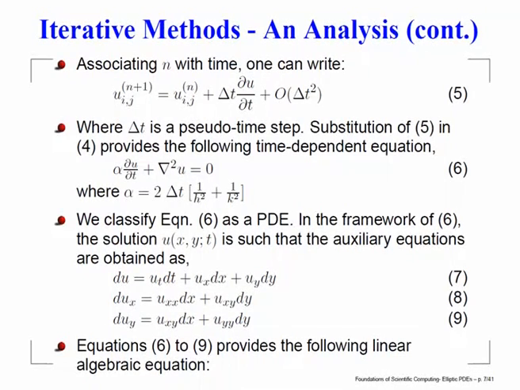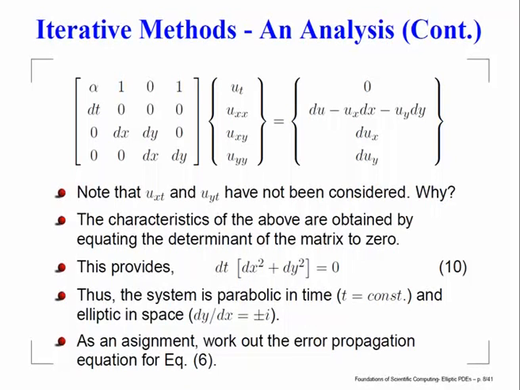Only thing is, you note that in 8 and 9 we do not write u x t and u y t. The reason is obvious. We do not want to increase the order of the system, because u t itself is the Laplacian. If I take u x t, that would be increasing the order of the equation. Anyway, we figured it out and got the solutions.